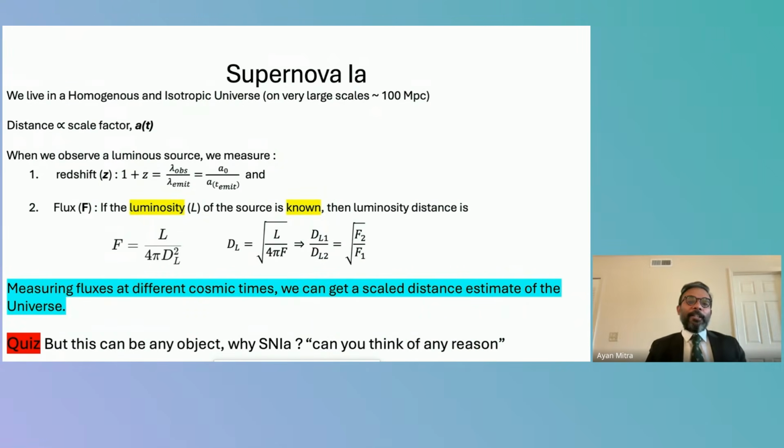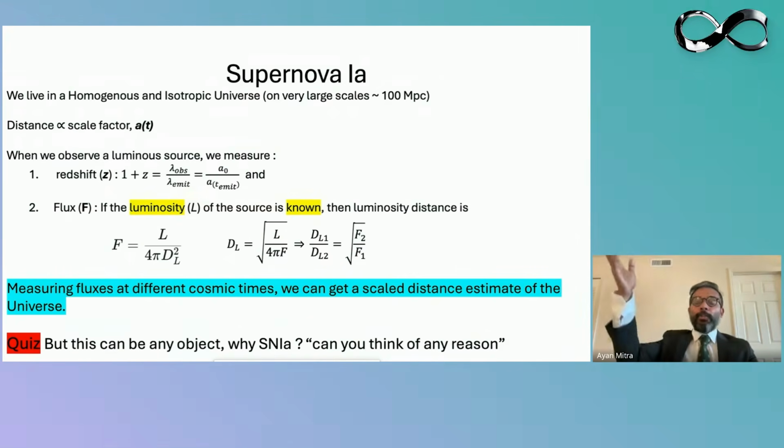Anyway, coming back to the flux relation, you get the flux of an object on your telescope. Now the beauty is every object gives a different luminosity, right? But imagine some objects always emitted a constant luminosity. For comparison, you have a bulb or a tube light in your room.